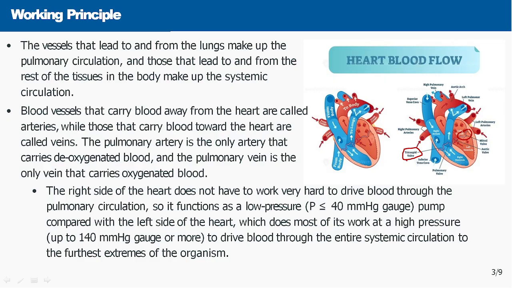Similarly, we have two other valves, the pulmonary valve and the aortic valve. The pulmonary valve is between the right ventricle and the pulmonary artery, and from the left ventricle to the aorta we have the aortic valve. So these are the 4 different types of valves. They are opening and closing, and they regulate the blood flow direction during pumping.